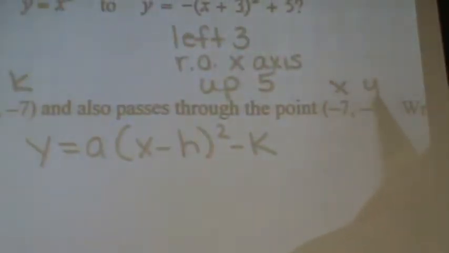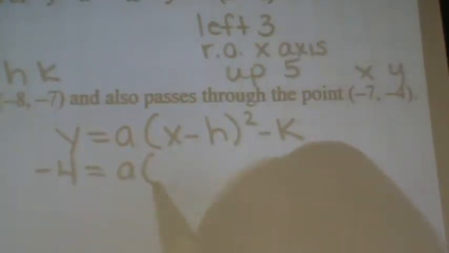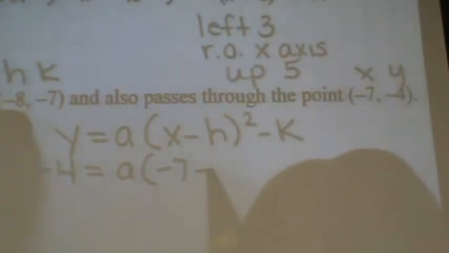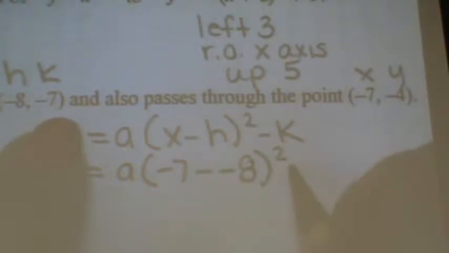This is H and K, and this is X and Y. We need to find A. So Y is -4, so -4 is equal to A. The X value is -7. We're going to subtract the H value, and then we're going to subtract K.